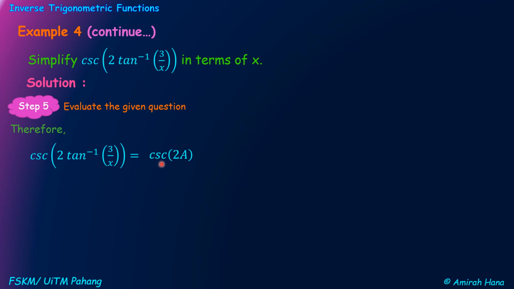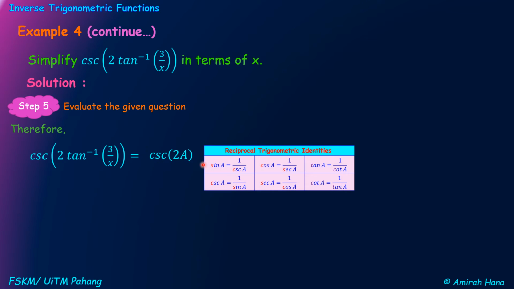Then for cosec, we can refer to reciprocal trigo identities. Cosec A equals 1 over sine A, so cosec 2A equals 1 over sine 2A. The 2 here means we will use a double angle identity.